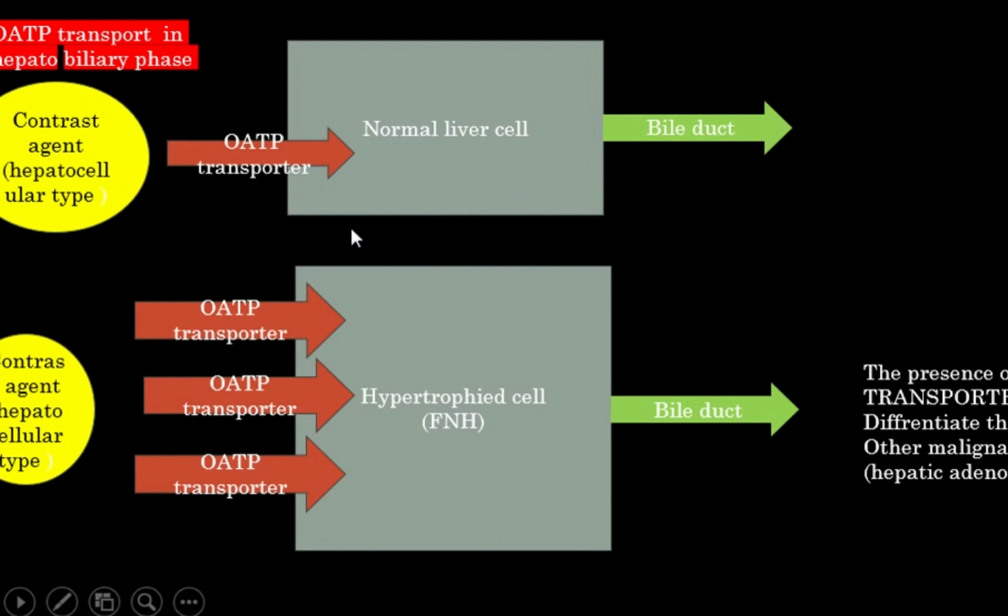And what happens in the case of FNH? This is a hypertrophied cell, so there will be overexpression of the OATP transporter. So a massive amount of contrast is transported into the cell, and there will be hyperenhancement of this lesion in the hepatobiliary phase.